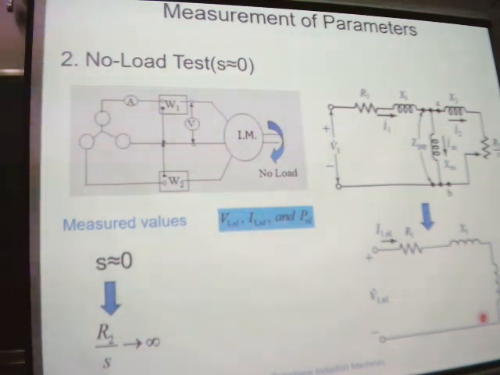I want to point out that because this is an open circuit, the resistance is very large and the current is very small. So the rotor losses here are neglected because there's no load.